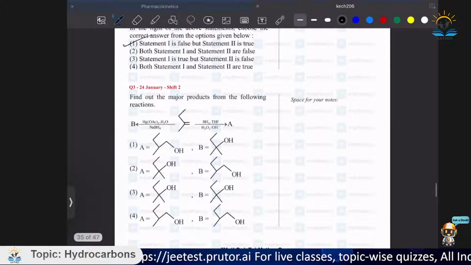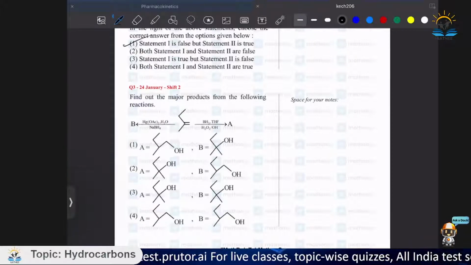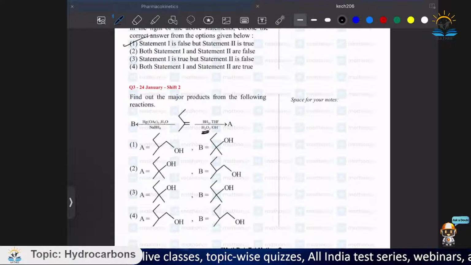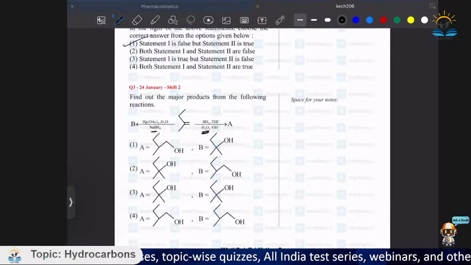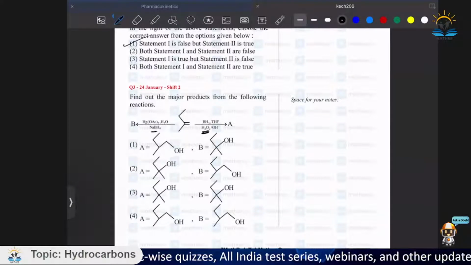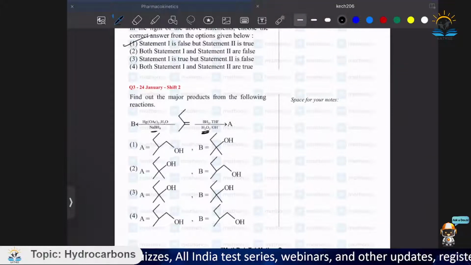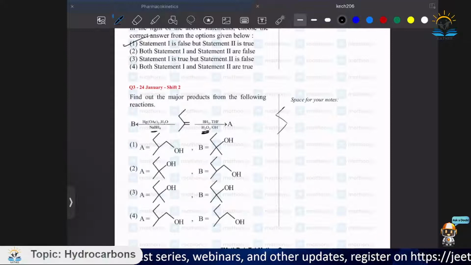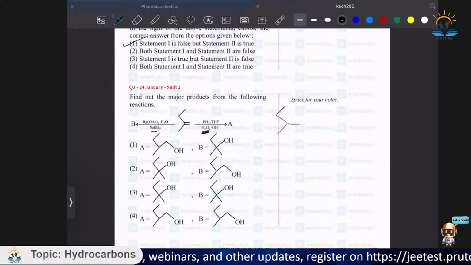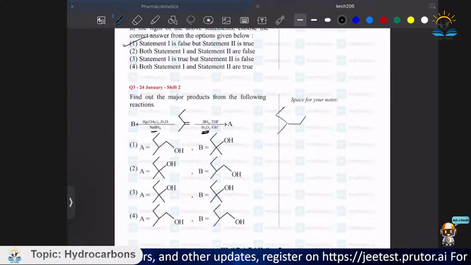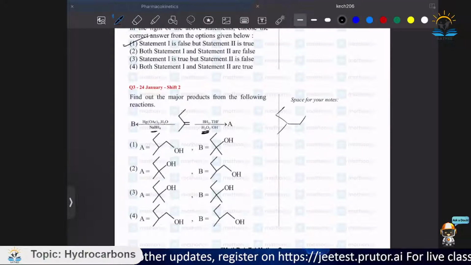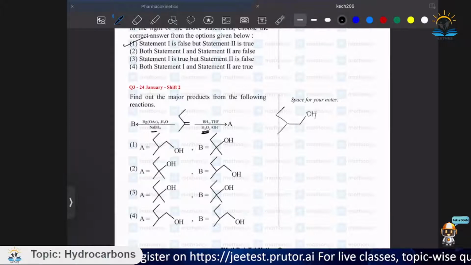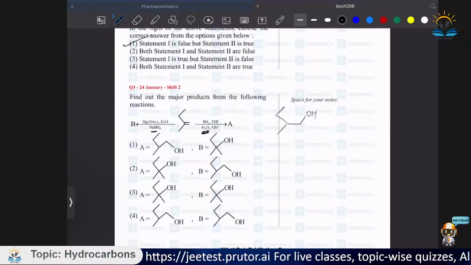Find out major products from the following reactions. Third question. So you can see this is peroxide. This has peroxide. This has NaBH4. So both will give the same product, and there will be no formation of carbocation here.